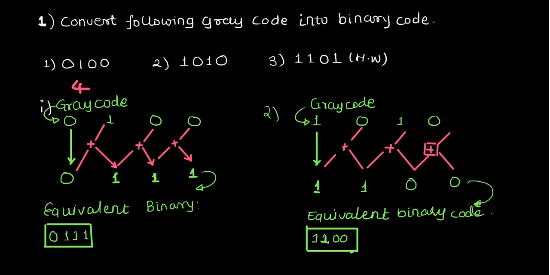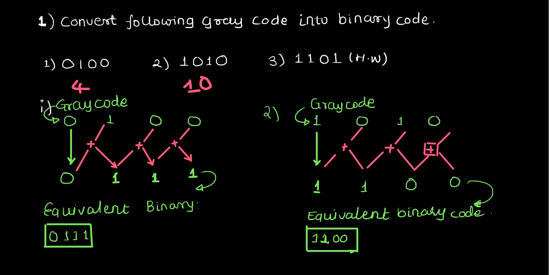Now again, 1010. This is the given gray code. If this was a binary code, what will be its decimal equivalent? 10. Correct. That is 10. Now the gray code is 1010. First step again, friends, try to identify the MSB bit. Here it is, the MSB bit. Now this MSB bit is written as it is, 1.